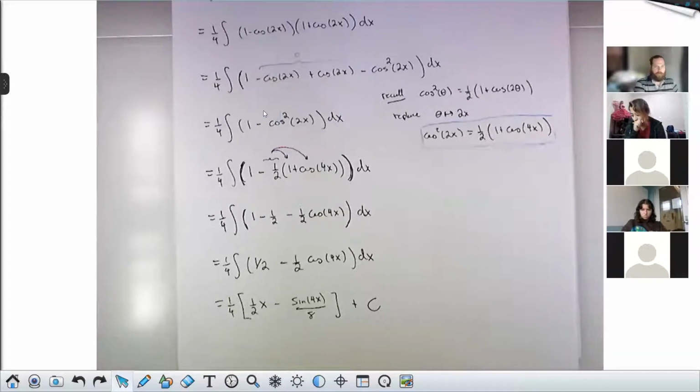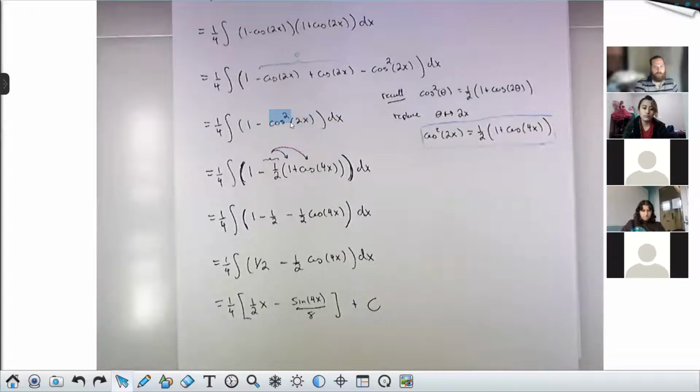I think the tricky step is figuring out what to do after you get to this, right? The cos squared of 2x. And the crucial realization is that anytime you're trying to integrate even powers of sine or cosine, it just means half angle stuff. So you have to find some way to use this identity on this piece.